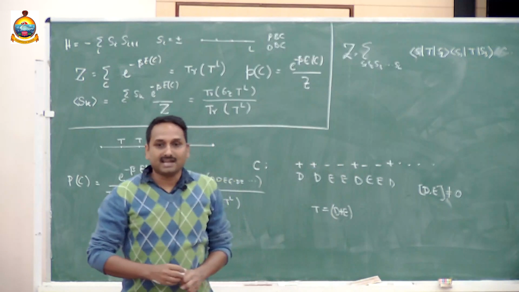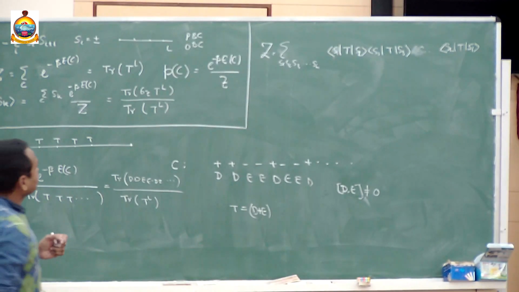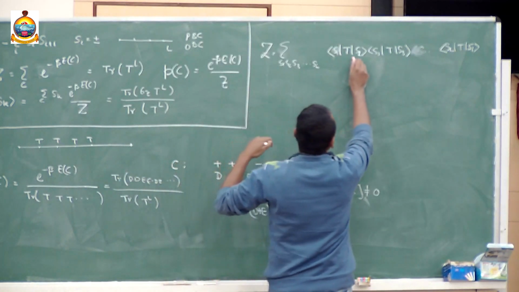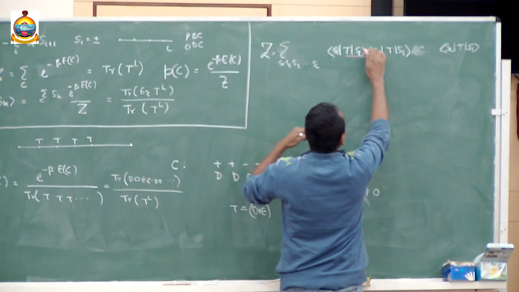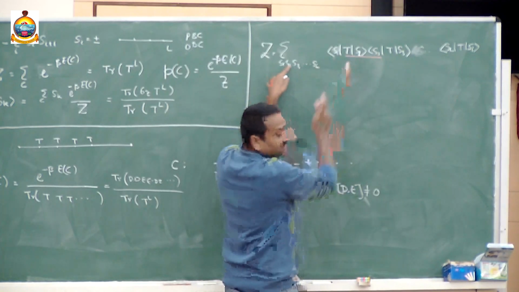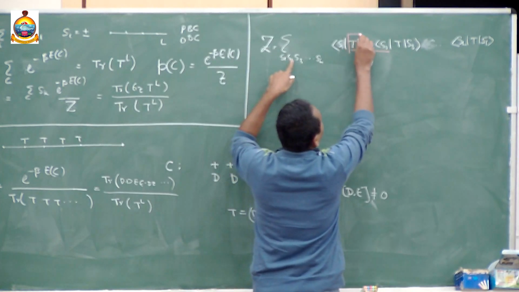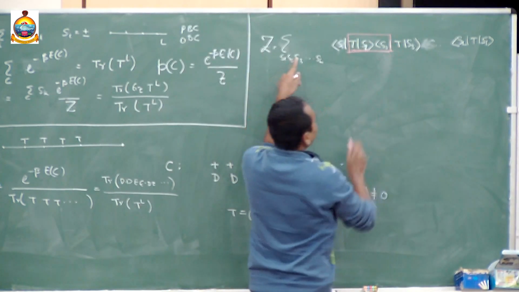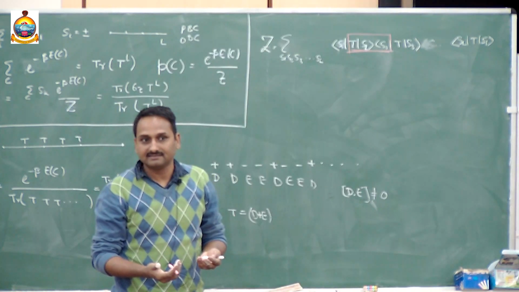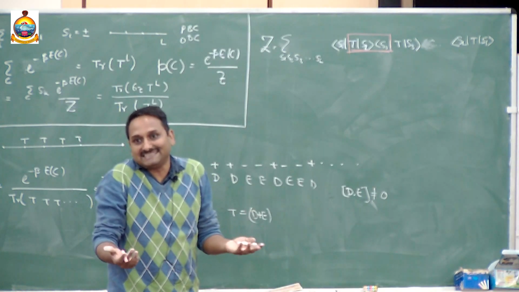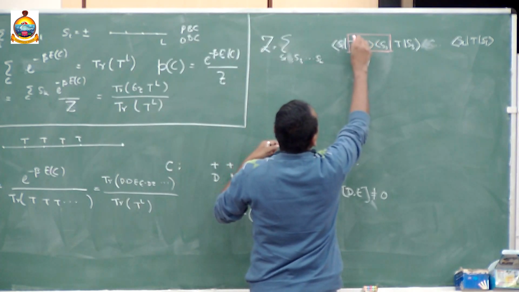Now you want to identify this part. This part was an identity: if you take the summation over S2 here, this becomes an identity. But the whole thing, T times identity, you want to write as D plus E. So let me take the S2 sum here and put it here.